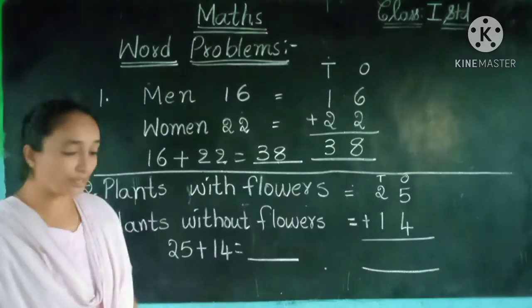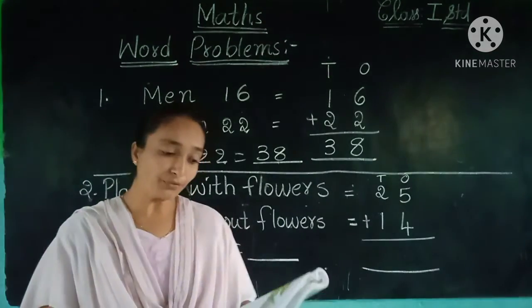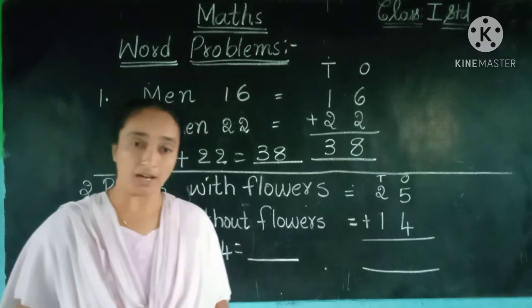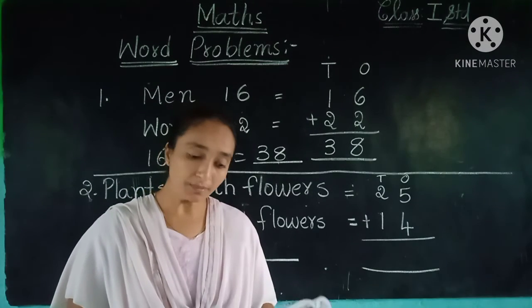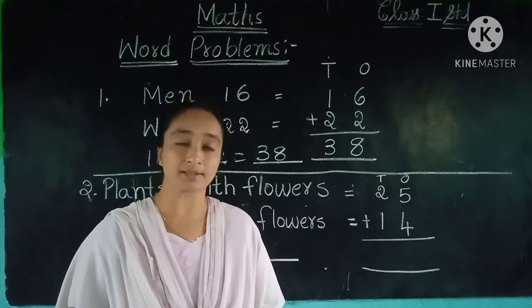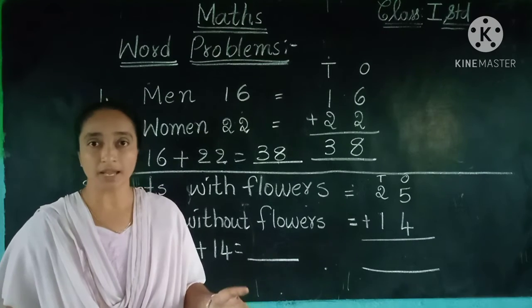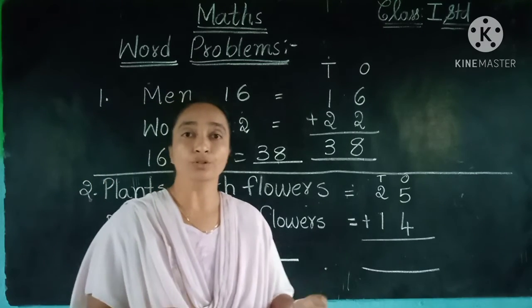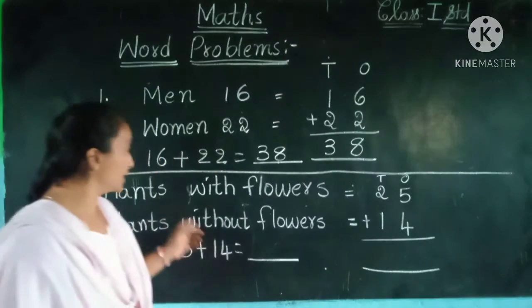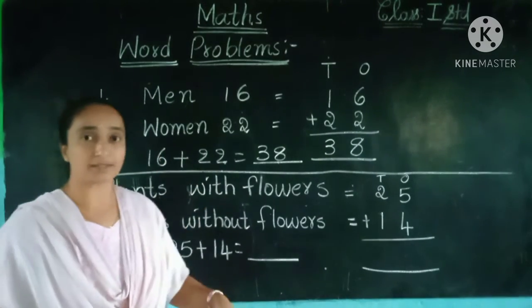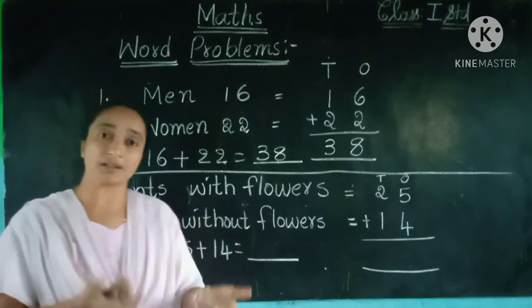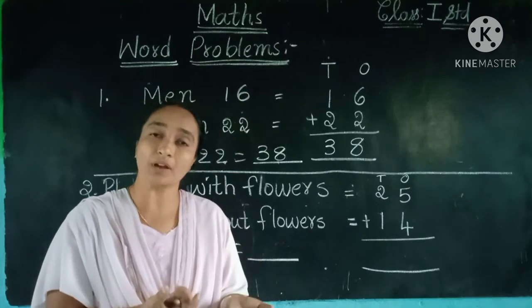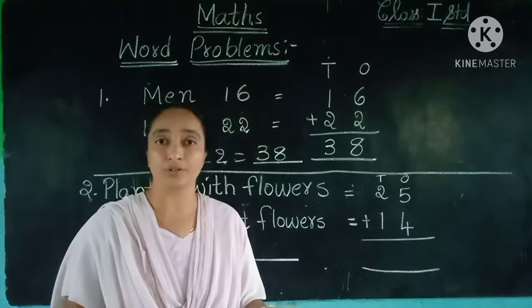The second question here we can see, children: 25 plants are with flowers and 14 plants are without flowers. That means in a park they have planted some flowering plants. From the plants, some of them got the flowers and some of them don't have the flowers.